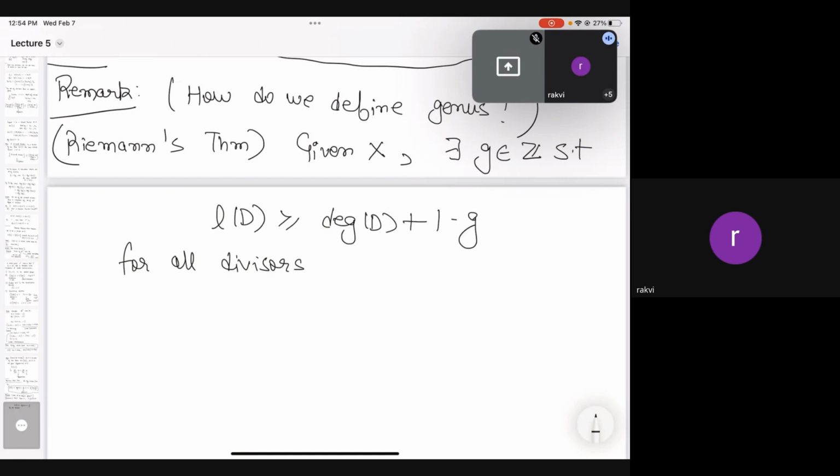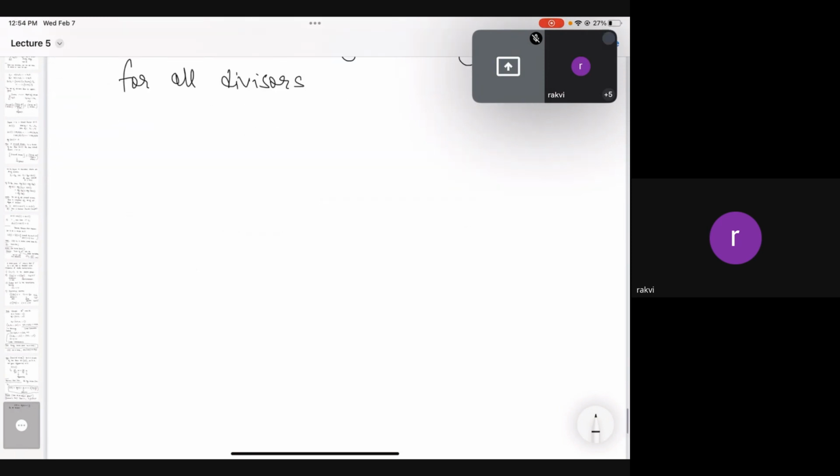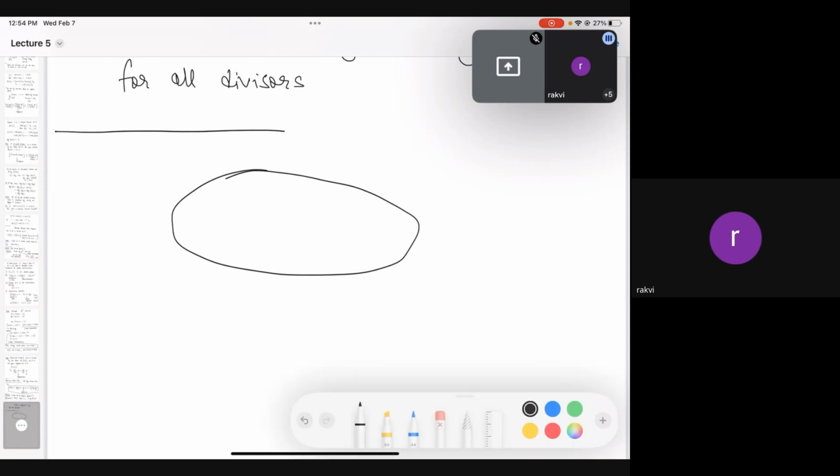So if you start with an ellipse, and suppose we take a small segment of it, and you want to find out the length of this arc, it turns out you have to write down an integral to compute this arc length.